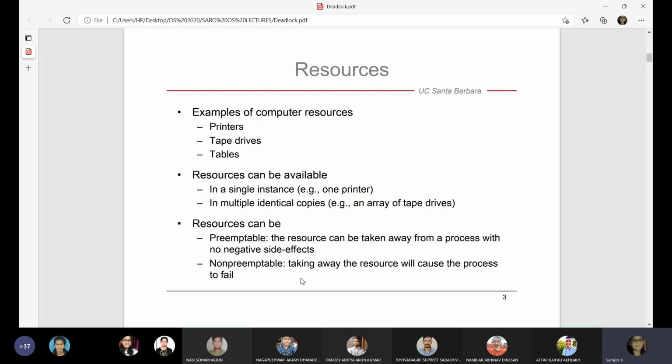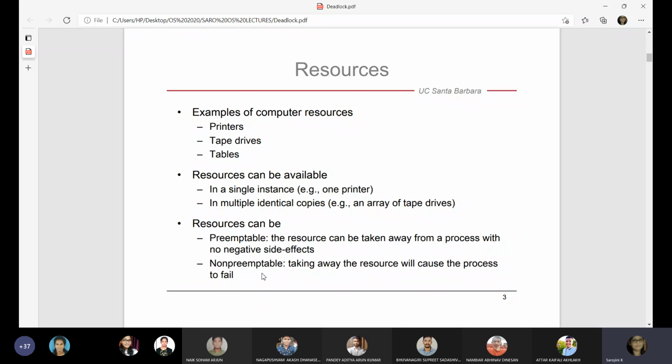That means the resource can be taken from the current process, or it cannot be taken. Cannot be taken means the process has to complete its work and then the process itself will release the resource. The process itself only can release a resource. The operating system cannot take away the resource from the process if deadlock happens.